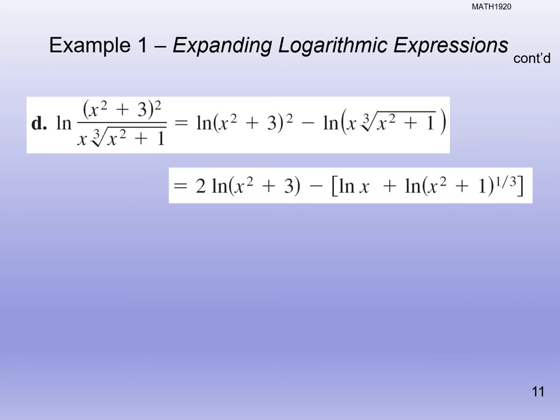Okay, so we took that product, which was x times the cube root of x squared plus 1. We separated it, wrote it as a sum, and we also rewrote the cube root as the x squared plus 1 to the 1/3 power. Okay, do these in steps so that you don't get lost. Don't try to do too much at once when you're doing these.